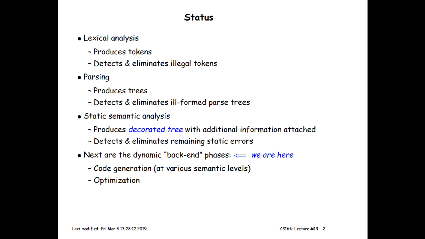This shows up in your projects as inferred types on the various nodes, and also the fact that you have checked to make sure that each object, each variable, each identifier has a proper declaration.